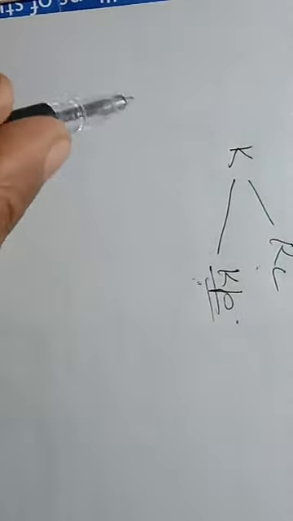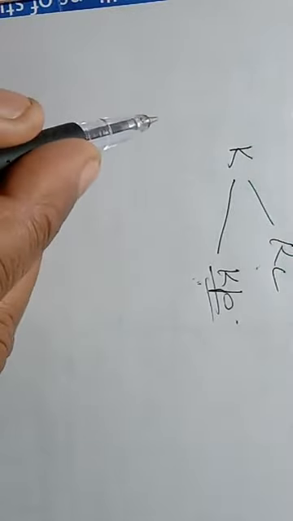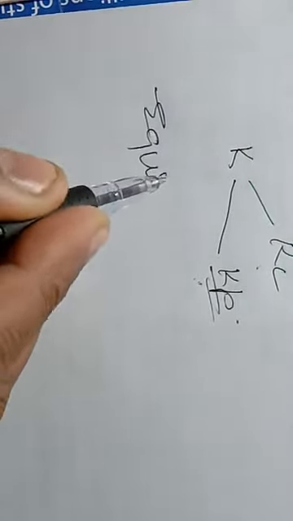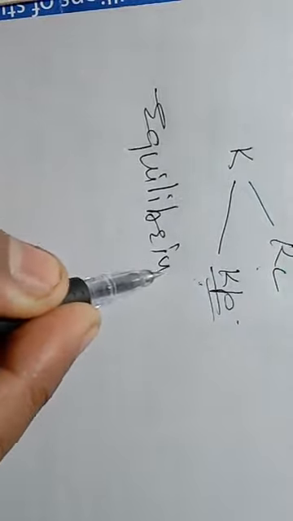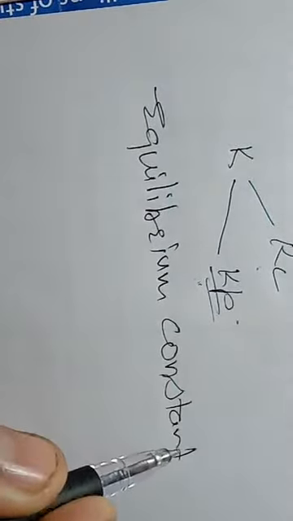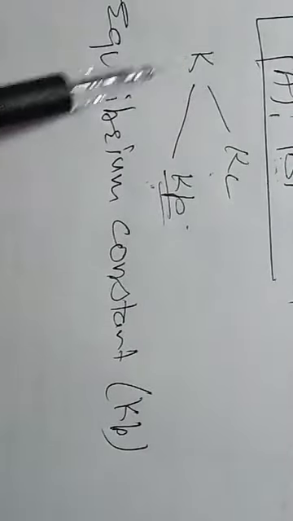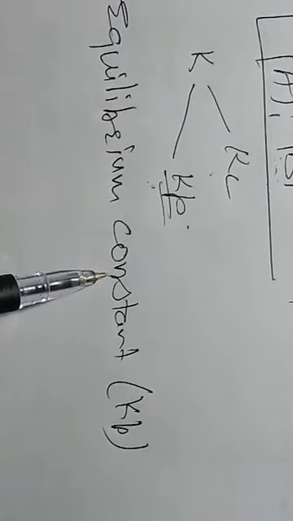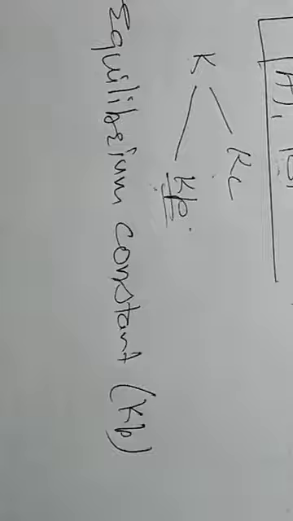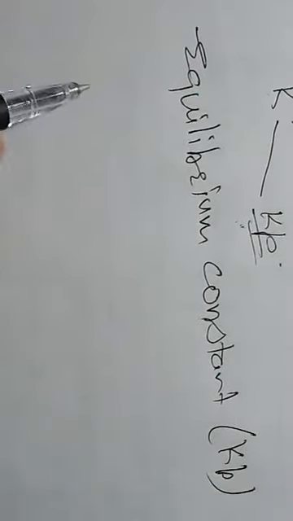So, equilibrium constant Kp in gaseous systems. When we write the equilibrium constant K for any gaseous reaction, we give it the term Kp.